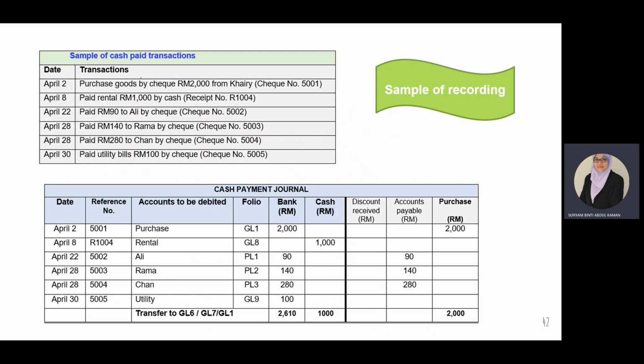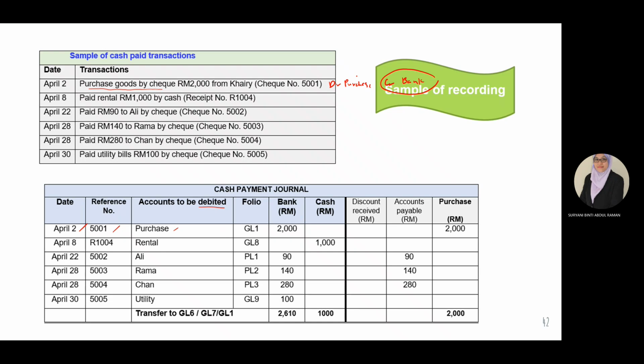These are samples of cash paid transactions. April 2, you purchase goods by check. So record the date of the transaction, the reference number if any, and the accounts to be debited. Why purchases? Because when you make a purchase by cash, you debit the purchases account and credit, since you pay by check, bank. The bank account by default is on the credit side.